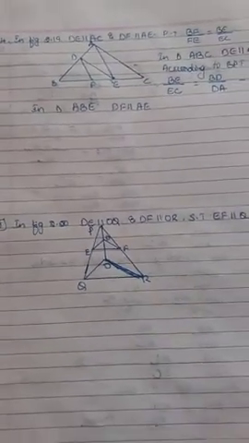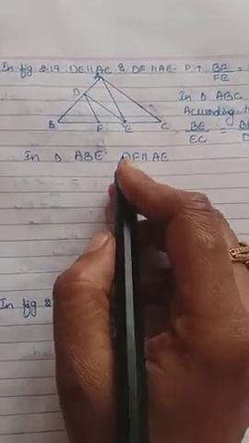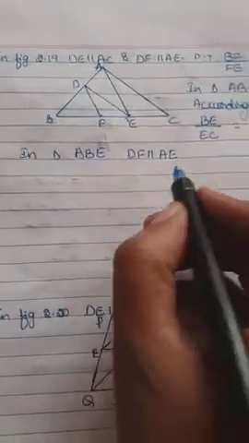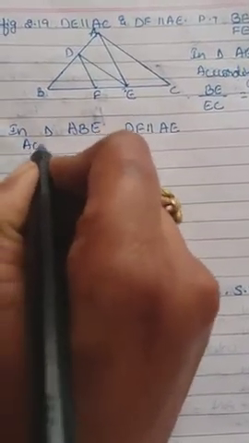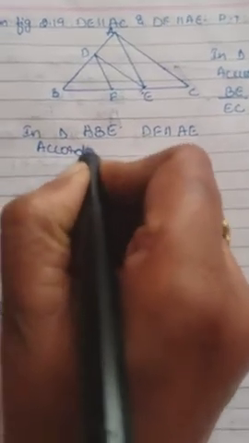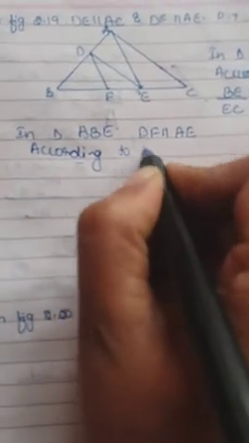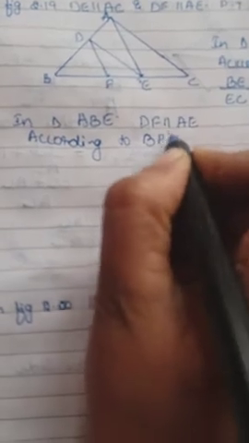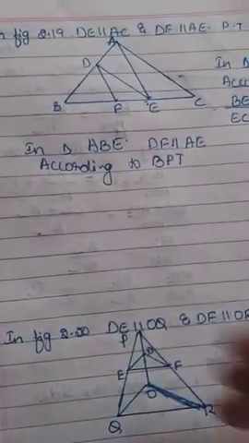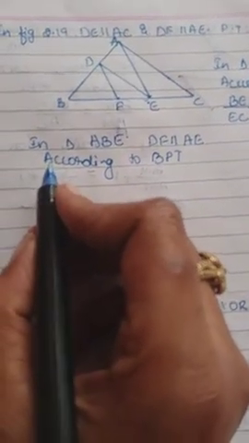So that's why we want to take triangle ABE only there. So DF is parallel to AE there. So according to BPT, here also, BPT means basic proportionality theorem. So what happens according to BPT here?